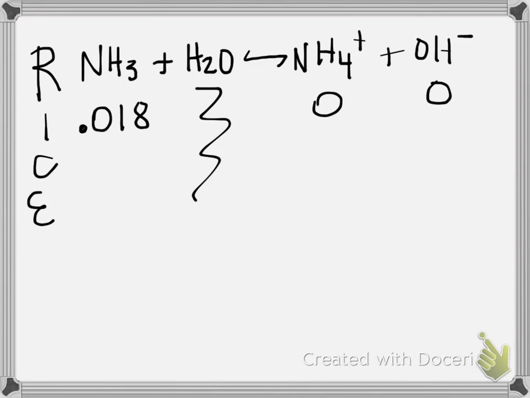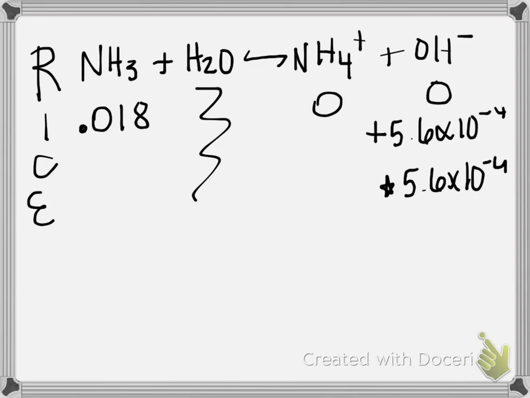The change is actually something that we do know this time. We're not going to call it X because we again know the equilibrium value of OH over here. We know that it is 5.6 times 10 to the negative 4. Well, since it started at 0 and it's now 5.6 times 10 to the negative 4, the hydroxide change was plus 5.6 times 10 to the negative 4.